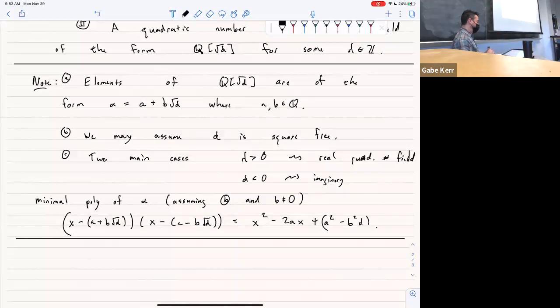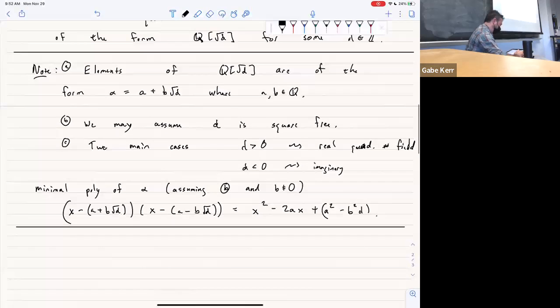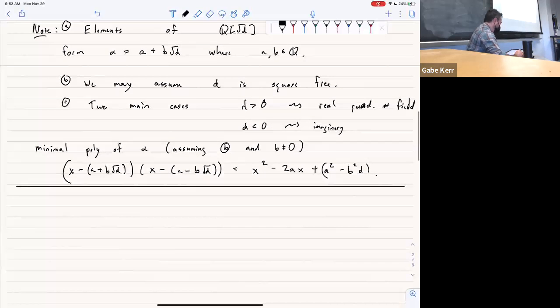You may not recognize this from calculus, but there's some weird limit thing, and they'll put something on the numerator. The trick is to conjugate.